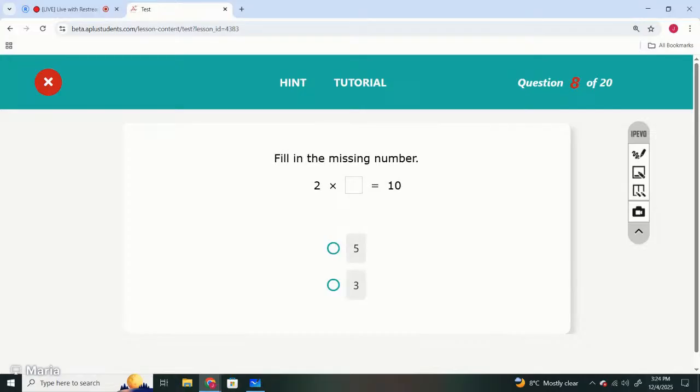Two times what number is 10? That is 2 times 5 is 10. Option number 1 is the correct option.